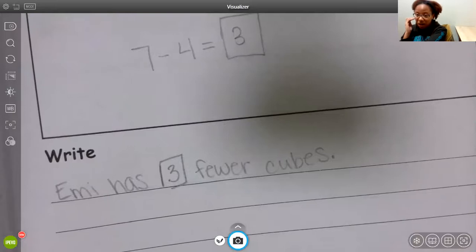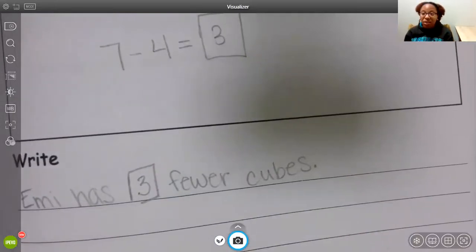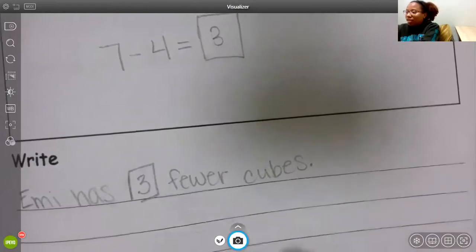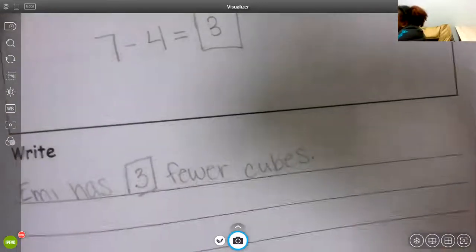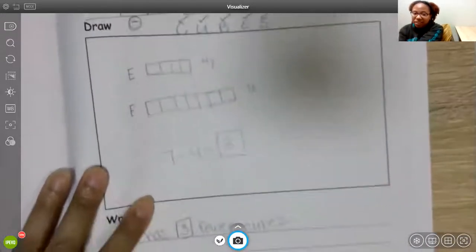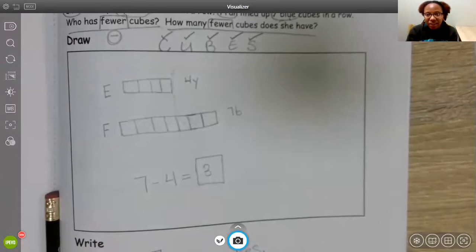And I made sure I boxed my 3 so that I know that that is my answer. So now that we have solved our problem, we can go back up here to the top and check off the S because we solved our problem. And we just completed the application problem.